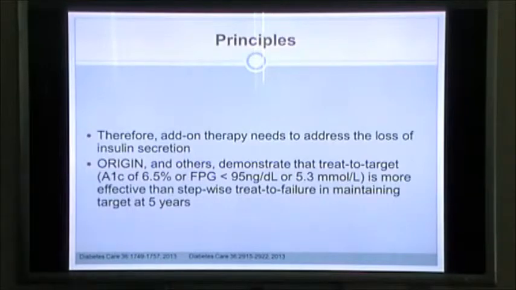Putting people on a drug and having the A1C rise and then adding another drug and having it rise and adding another drug is less effective than being aggressive, keeping them at target the entire time. They will require less treatment at 5 years than they do if you keep on adding things. So in other words, it's easier to keep people at target than to bring them back down again to target.